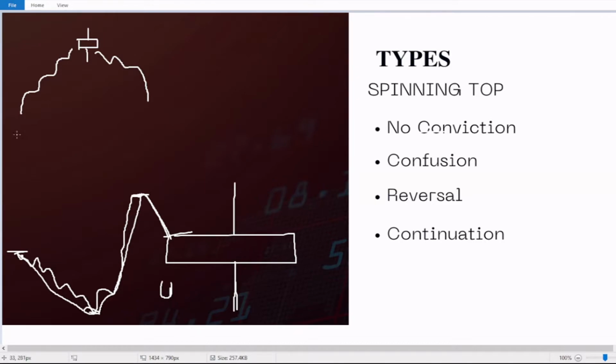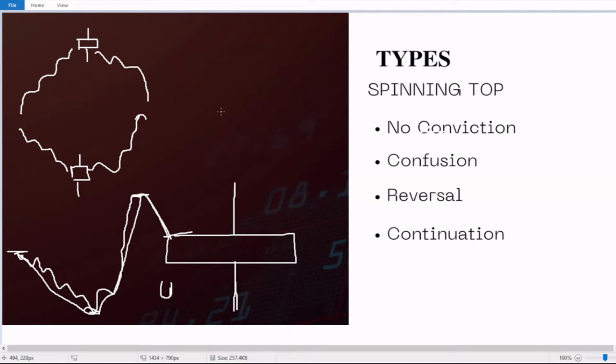It can happen the other way around as well. The prices are going downside, you have a spinning top, and then there is confusion created that the price may not fall further, and eventually the demand kicks in and the price might go upside. So these are called reversals. This is the most important way a spinning top can be used. Not necessarily, but it might happen.